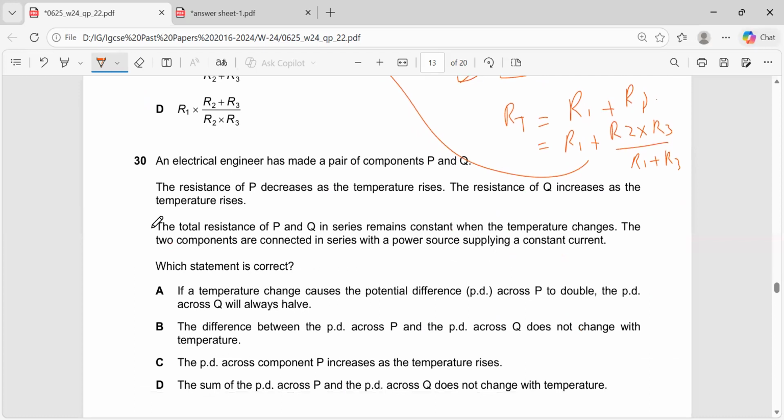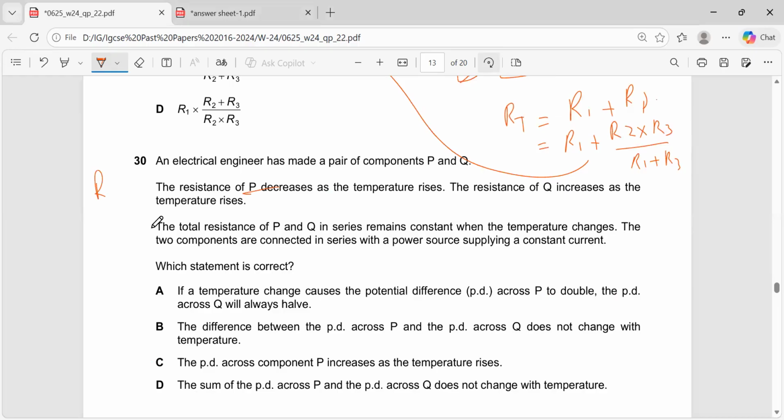An electrical engineer has made a pair of components P and Q. Okay, P and Q. So the resistance of P decreases as the temperature rises. It means P is a thermistor.